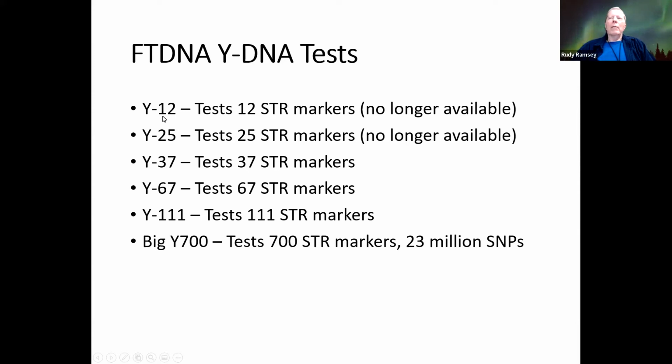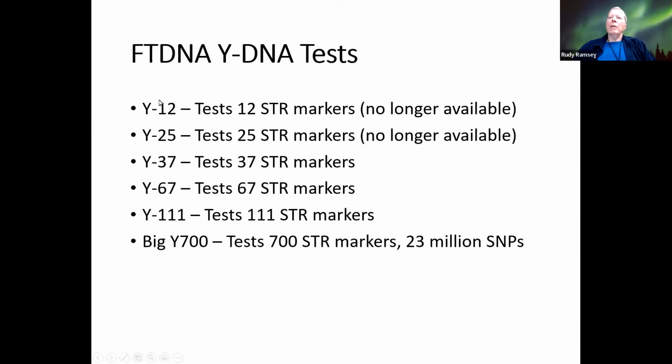But FTDNA, Family Tree DNA, is the primary vendor of genetic genealogy DNA tests that are useful in genealogy. Y especially, I'm sorry, they're the primary one for Y, not for DNA in general.